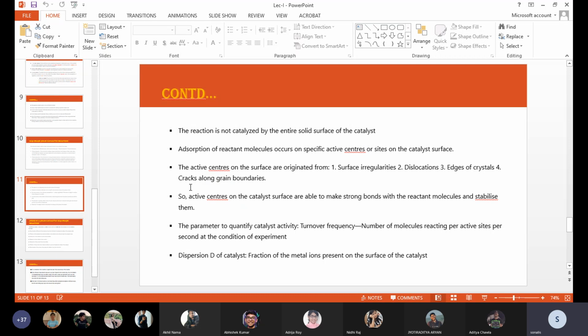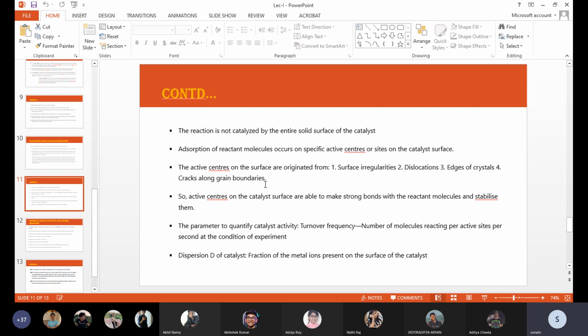catalyst. The active centers on the surface originate from surface irregularities, dislocations, edges of crystals, cracks along grain boundaries, etc. These are the reasons for generation of the active centers on the solid catalyst surface.